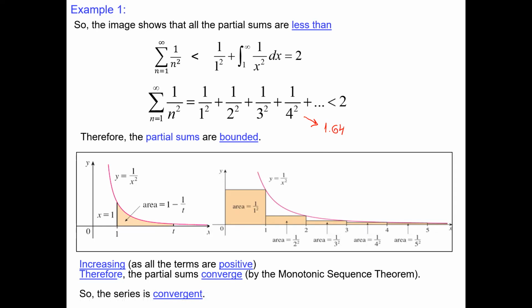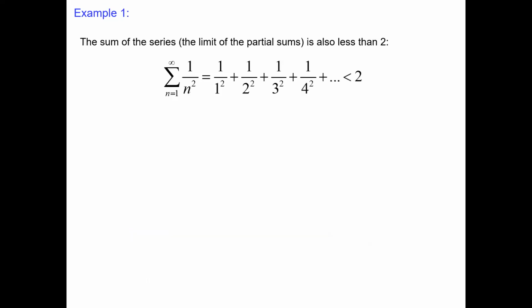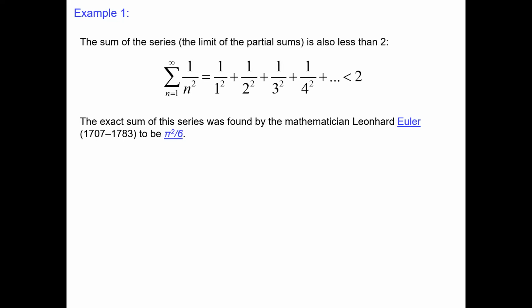But let's look at the other case, and then we will make a summary. Just to clarify, this infinite summation is less than 2. It's also interesting because, even though we know this value is approaching 1.64, there is another interesting number, developed by Leonhard Euler: this summation is approaching pi squared over 6.